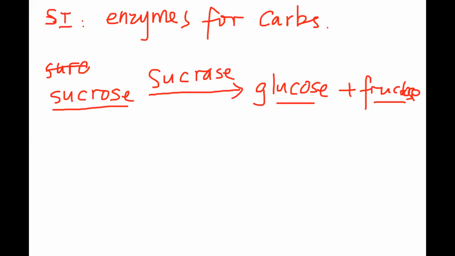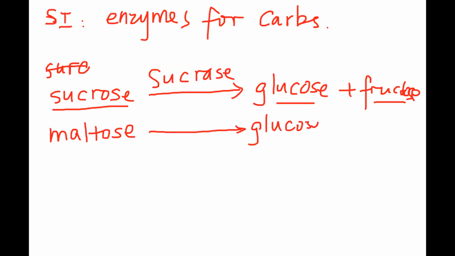Second one is the disaccharide called maltose. This is the sugar you can find in the grains, like in the rice, in the flours. This one can break down into two glucose molecules. This enzyme is called maltase. That is the enzyme from the small intestine as well.